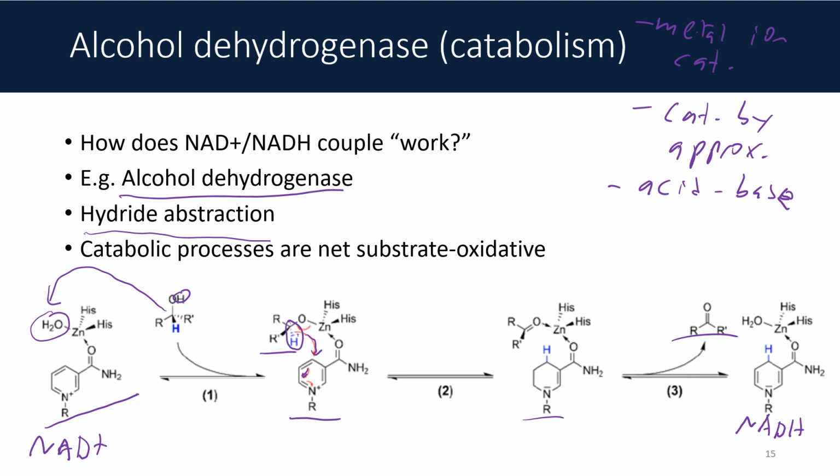This is a classic example of a mechanism that is substrate oxidative. Whenever we have a reaction that involves NAD+ being reduced into NADH, this is a great exemplar of how the enzyme achieves that transformation.